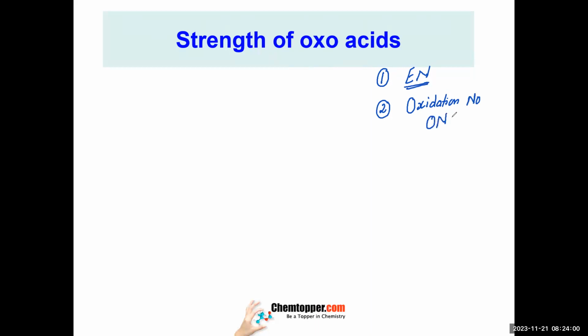ON means oxidation number of the central atom. You are going to compare the electronegativity and oxidation number of the central atom, right?